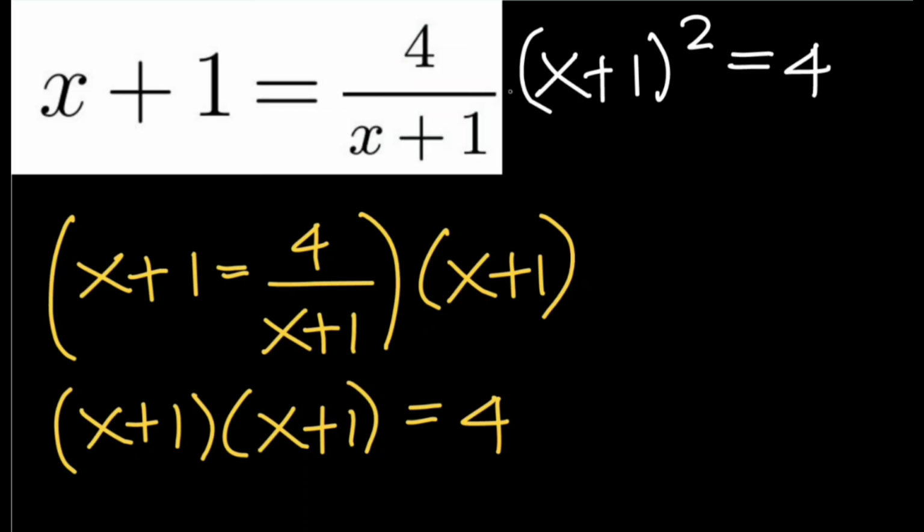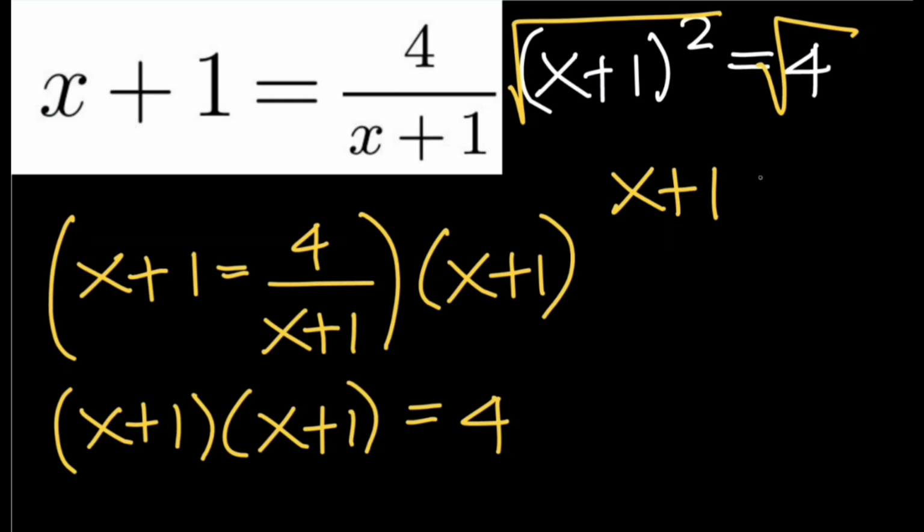Then we take the square root of both sides. The square root of x plus 1 squared is x plus 1, and the square root of 4 is just plus or minus 2. So the expression would become x plus 1 equals plus or minus 2.